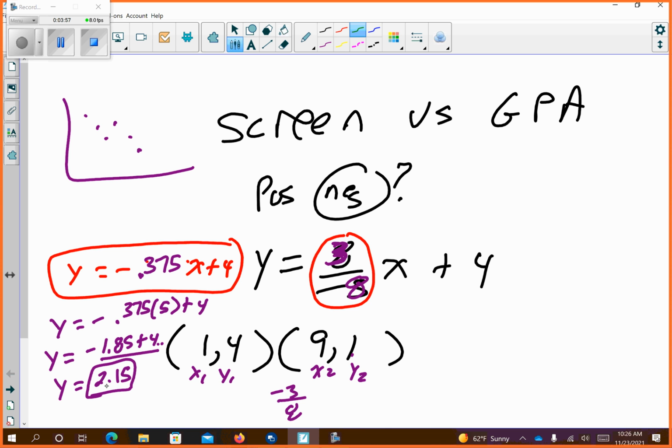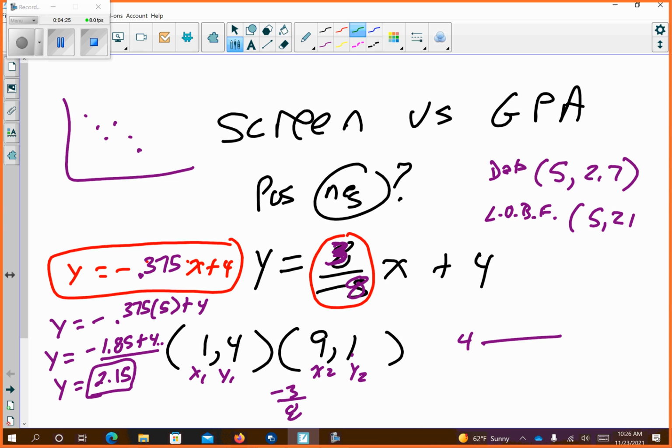And then problem number 4, we're not worried about problem number 4. It has something to do with the residual. So we had data as this, and then this is what our data showed, and what our line of best fit showed was 5, 2.15.